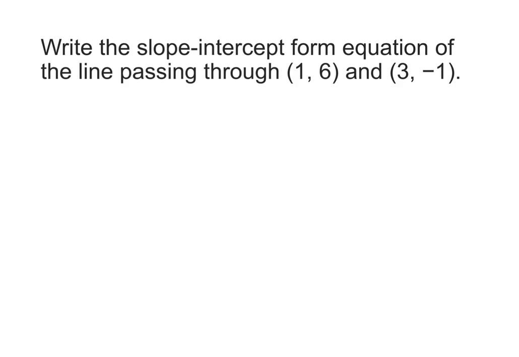It says, write the slope-intercept form equation of the line passing through these 2 points. So the first thing we want to do is we want to solve for our slope. We're going to do that using our slope equation. And so this is going to be our y's on top and our x's on bottom.